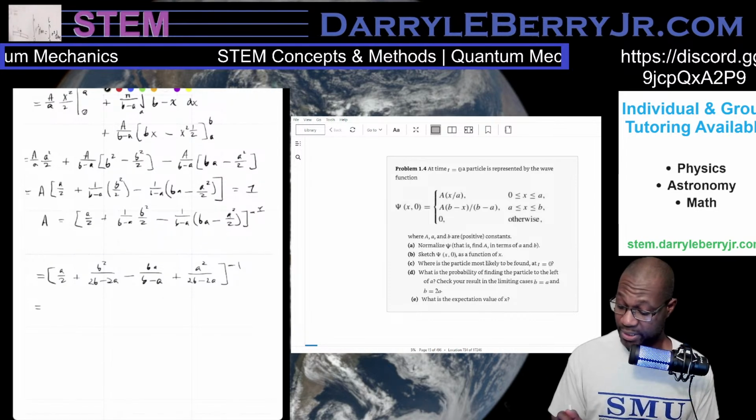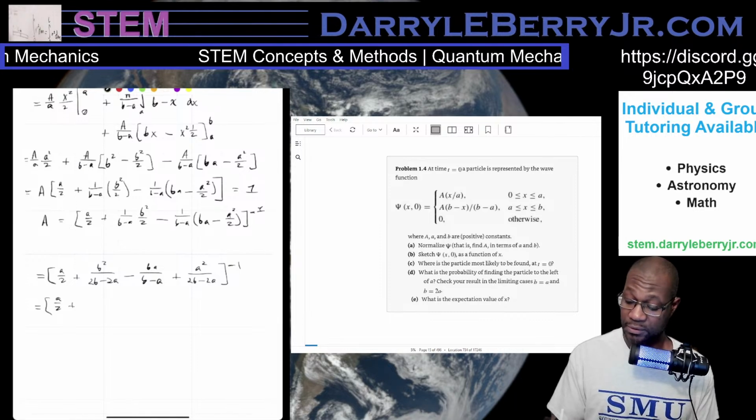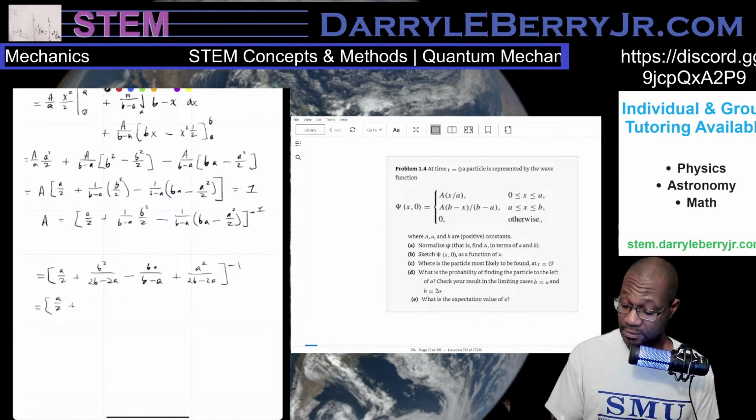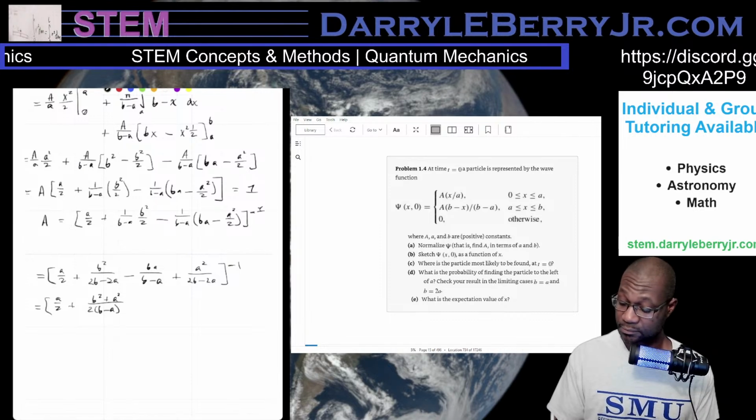Here we have a few things we can consolidate: a over 2 plus b squared plus a squared over 2b minus a, minus ba over b minus a.